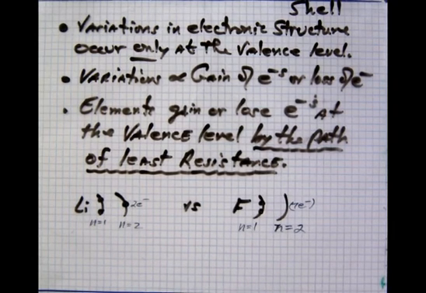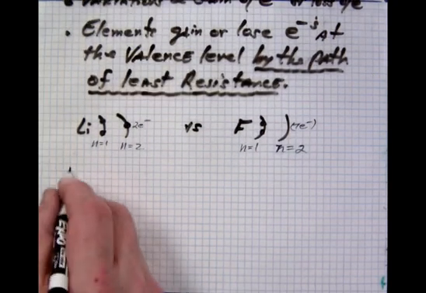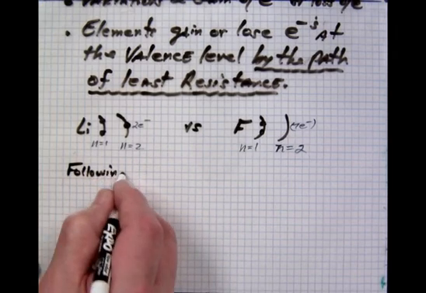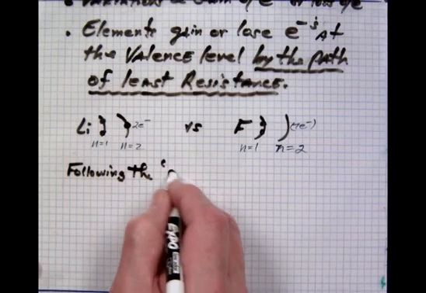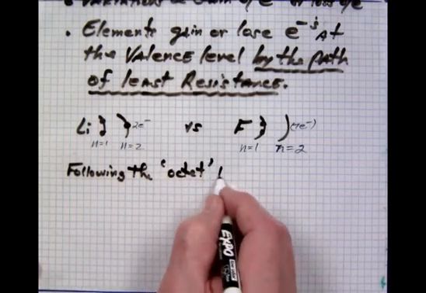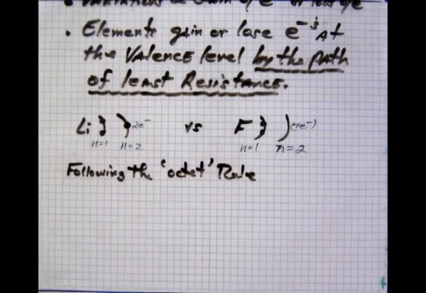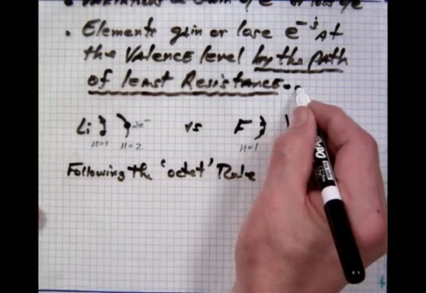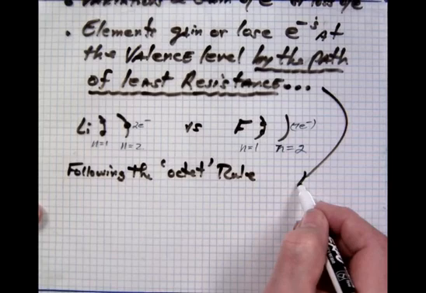Elements gain or lose electrons by the path of least resistance. When they gain and lose electrons by the path of least resistance, they're following what is called the octet rule. This essentially is the octet rule, gaining and losing electrons by the path of least resistance, because there is one extra statement that I need to add to this.